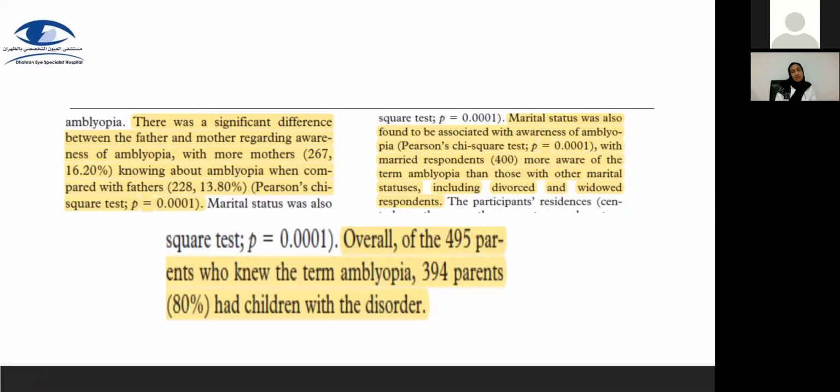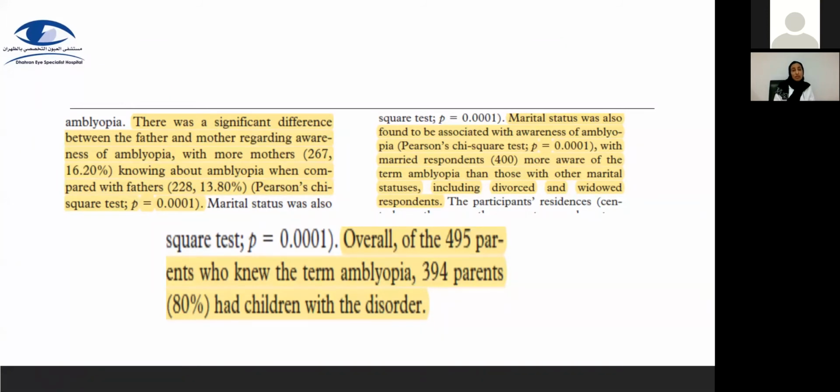Also, which might be a correlation, not a causative factor, yet it should be considered when you're in the clinic, the marital status. They found that parents who were married were more aware of the disease than those who were divorced or widowed. And this also emphasizes a very important part in our practice as pediatric ophthalmologists.